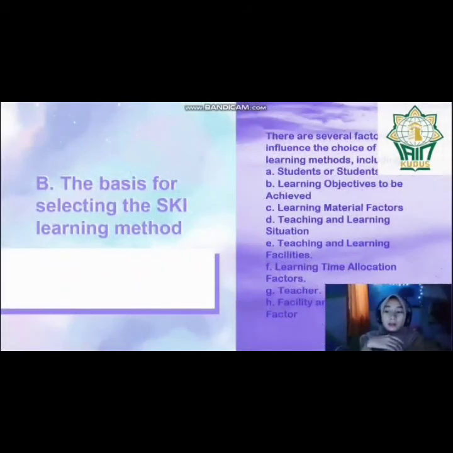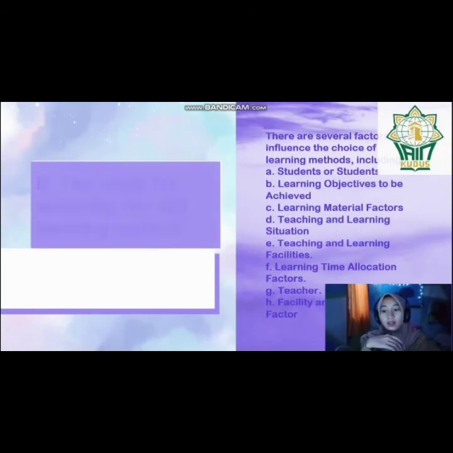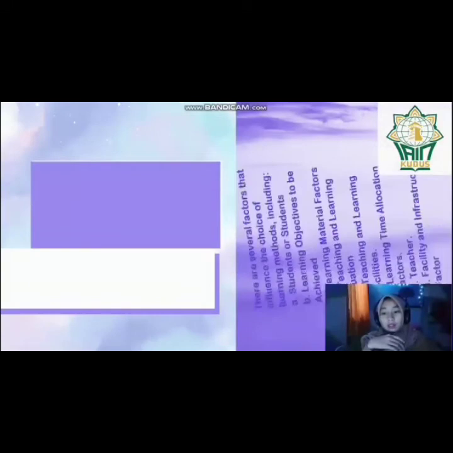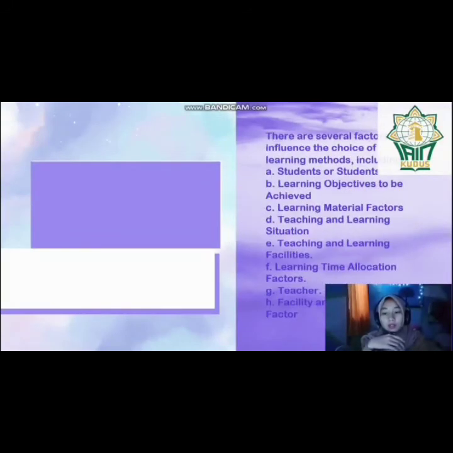B. The basis for selecting the SKI learning method. There are several factors that influence the choice of the learning methods, including A. Student or students. B. Learning objective to be achieved. C. Learning material factor.